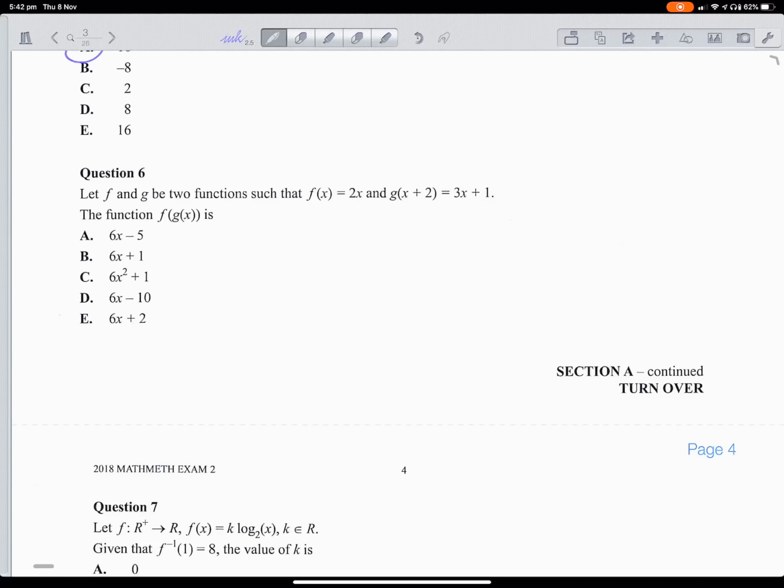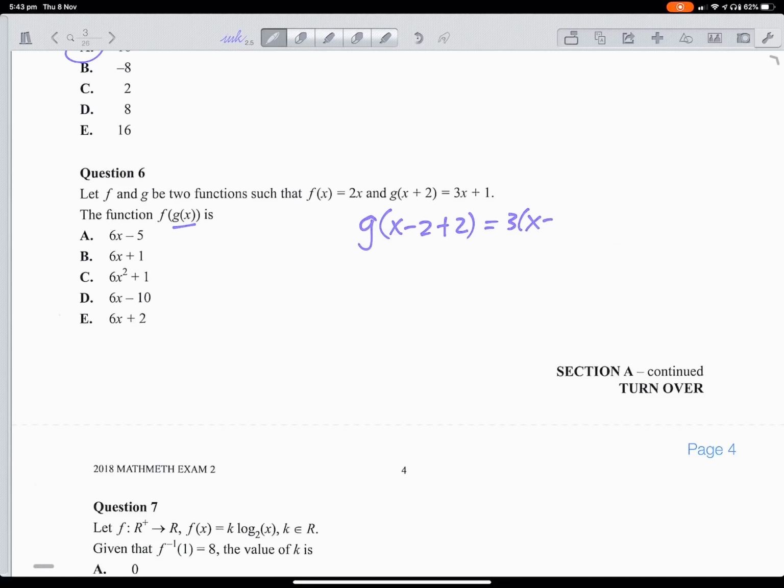Let f and g be two functions such that f of x is that and g of x plus 2 is that. So if I want to get g of x first, g of x is going to be, I've got to replace x with x minus 2, because I'd have to go g of x minus 2 plus 2, which means wherever I've got an x, I replace with an x minus 2.